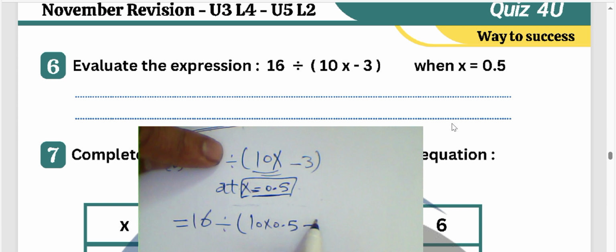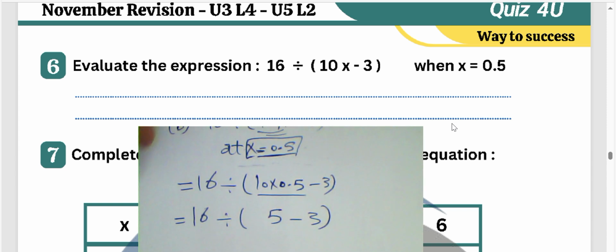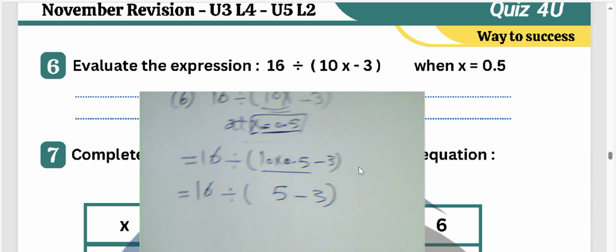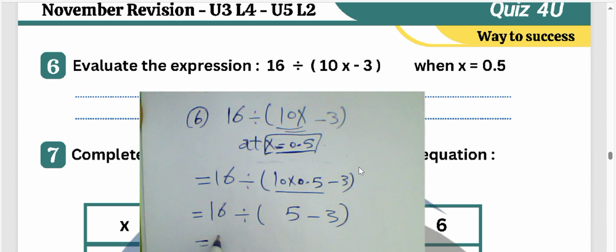Minus, we can write 16 divided by 10 divided by 0.5, it will be 5. And subtract 3. And then 16 divided by 5 minus 3, it will be 2. 16 divided by 2, the result will be 8.